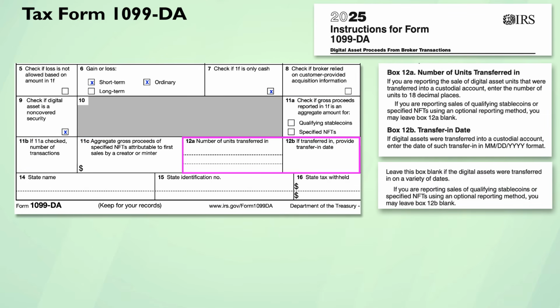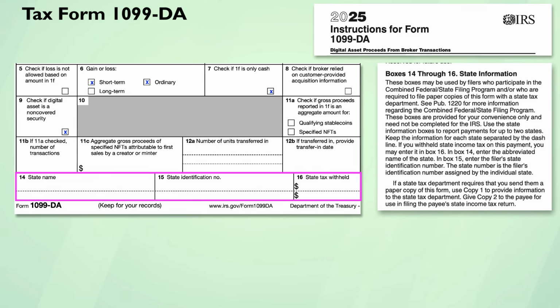If digital assets were transferred into your account and later sold, the number of units transferred and the transfer date would appear in boxes 12A and 12B. Boxes 14 through 16 contain state tax information, which will probably be left blank unless state tax was withheld.